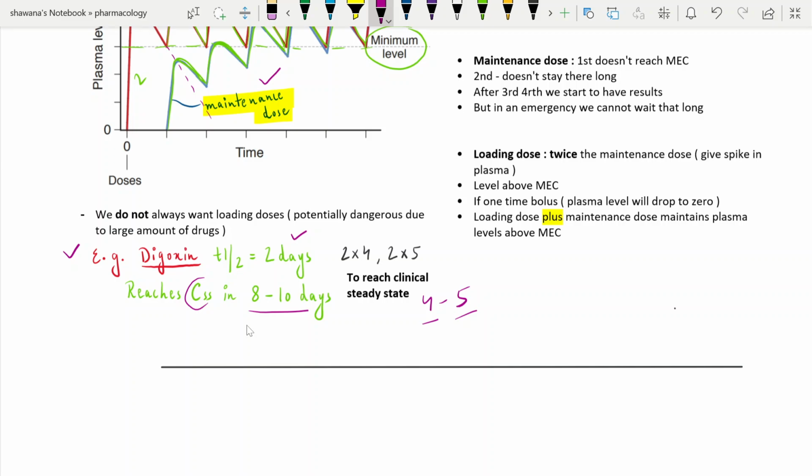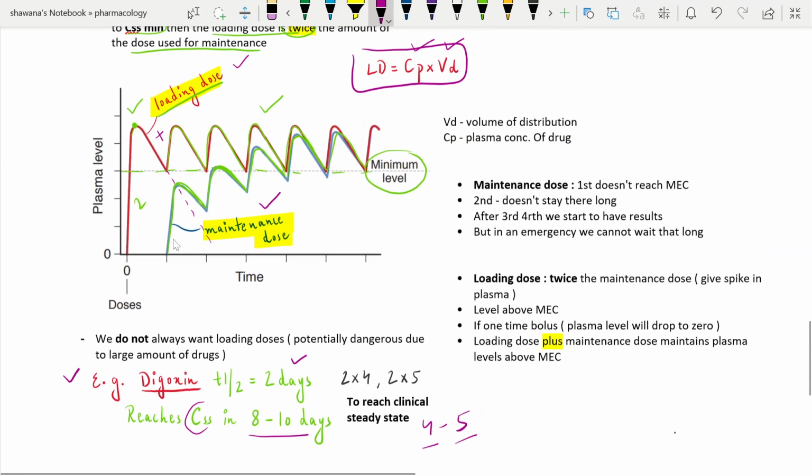If the patient is having life-threatening arrhythmia, can we wait that long? No, we cannot. So in these circumstances, we use the loading dose, and the levels are high, and then we follow with the maintenance dose. We can maintain the level of that particular drug in the plasma.